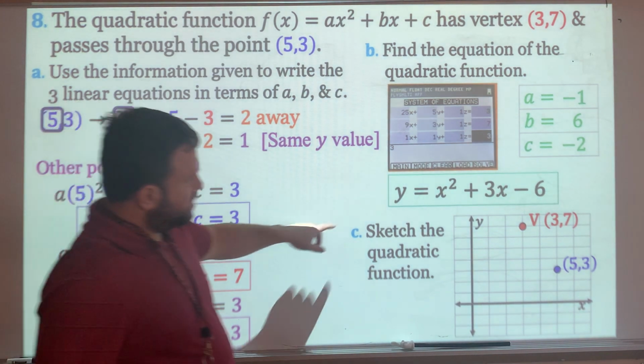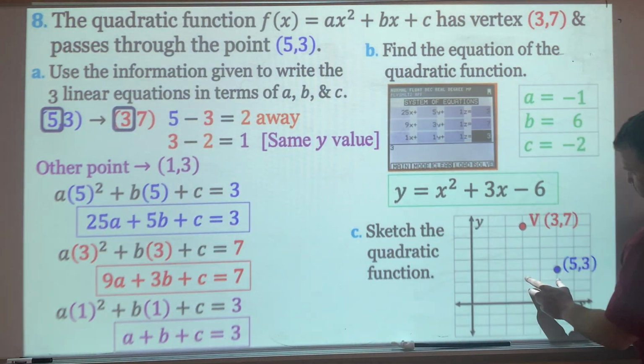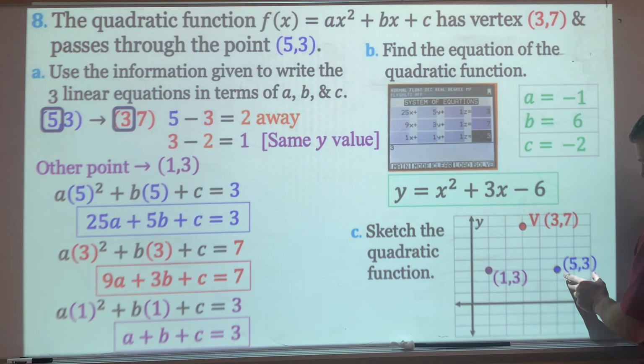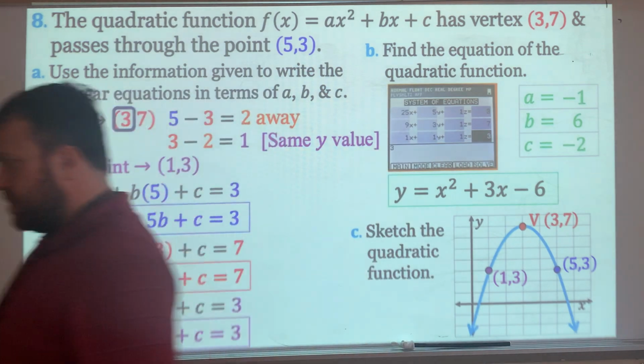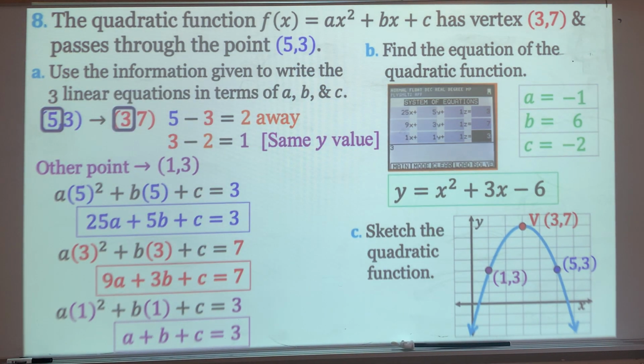You have your other point, which is 5, 3. So what I was saying before, since this is 2 to the right, our other point has to be 2 to the left. Because this is 3 up, this one also has to be up, and there's our graph. All right, so that's how we found the second point.